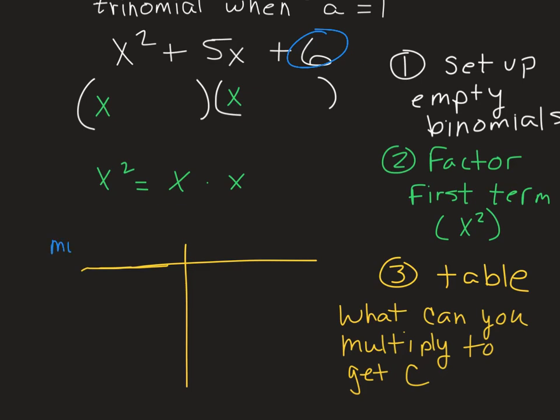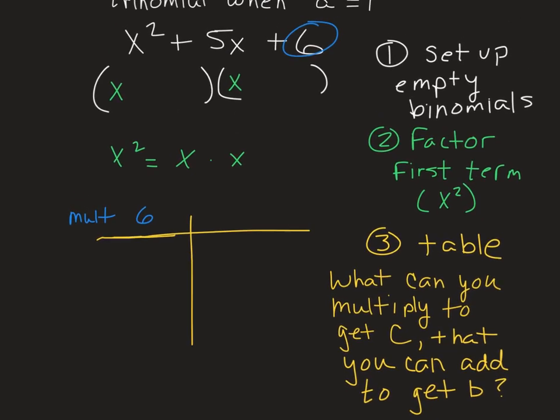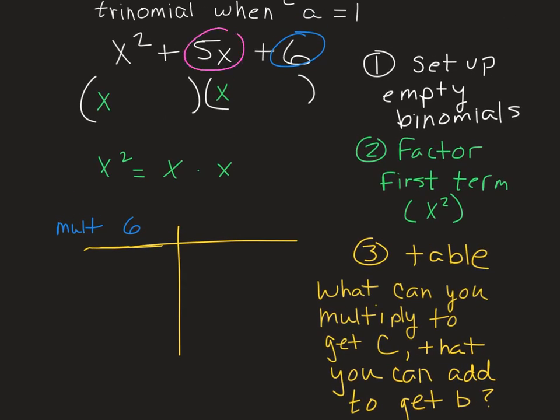So what can you multiply to get 6 goes on the left side of your table, but it can't just multiply to get 6. I'm going to add to my question that you can add to get B. In this case, B is 5.